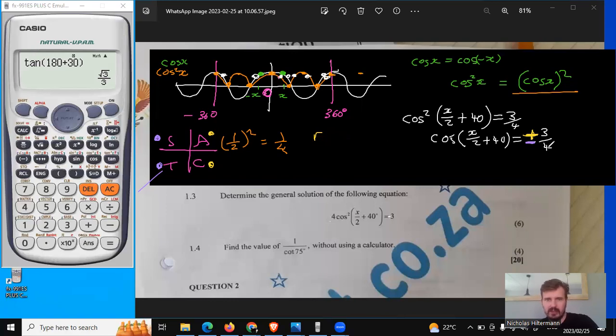Let's do red. The plus and minus tell you the quadrants, and the 3 over 4 is going to help us get the reference angle. So I put cos to the minus 1 of 3 over 4 to get my reference angle.